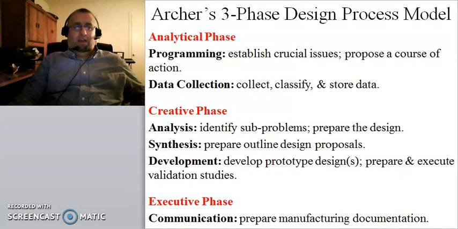Again, remember, the purpose of any design process is to communicate to the person who's ultimately doing the fabrication or the manufacture of the artifact what artifact that person is meant to manufacture. So that's that final executive phase. It's just explaining, typically from an engineering perspective through engineering drawings, how to create this object that you've just designed.